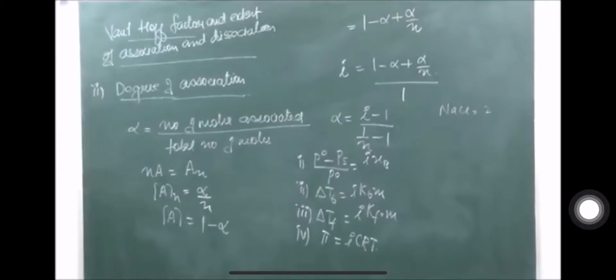It depends upon what sort of numerical is asked of you, right? So if it is written that it is associated or dissociated, then and only then you are supposed to mention the value of i. And now from the above formulas of degree of association and degree of dissociation, you can find out the value of i.